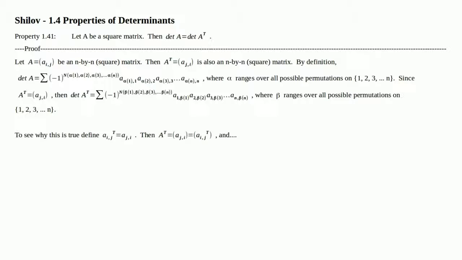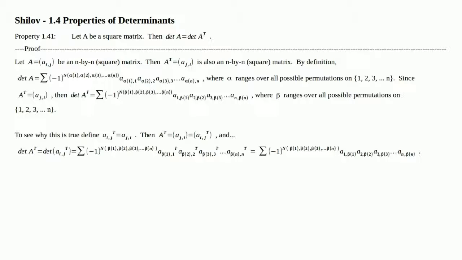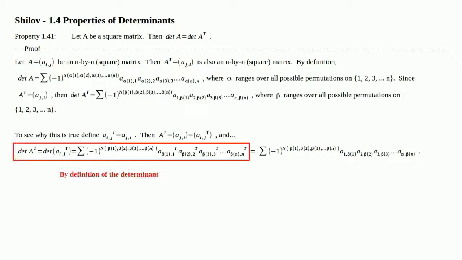I've just substituted, that's all. I'm using my new notation that I just introduced mid-proof. And the determinant of A transpose is equal to the determinant of the matrix whose entries are of the form A sub ij transpose, using my new notation, which is equal to the following nasty sum, and that is simply the definition of the determinant. See? The definition of the determinant, right there. That's it.